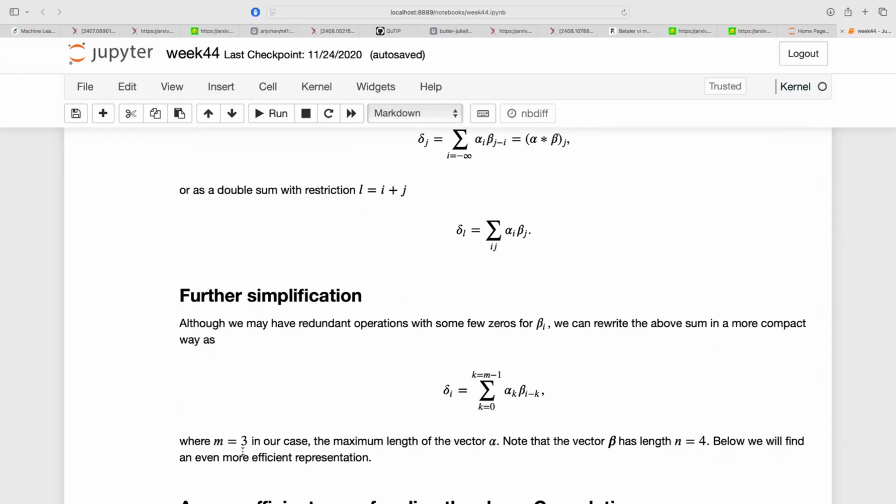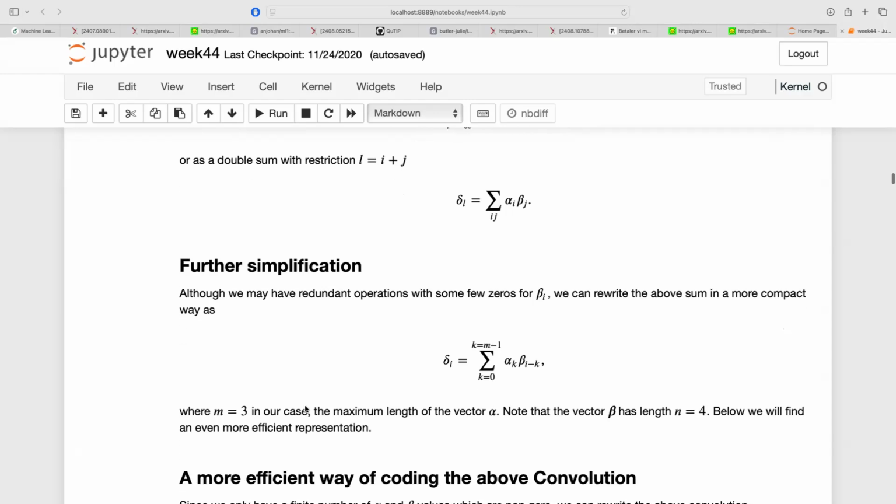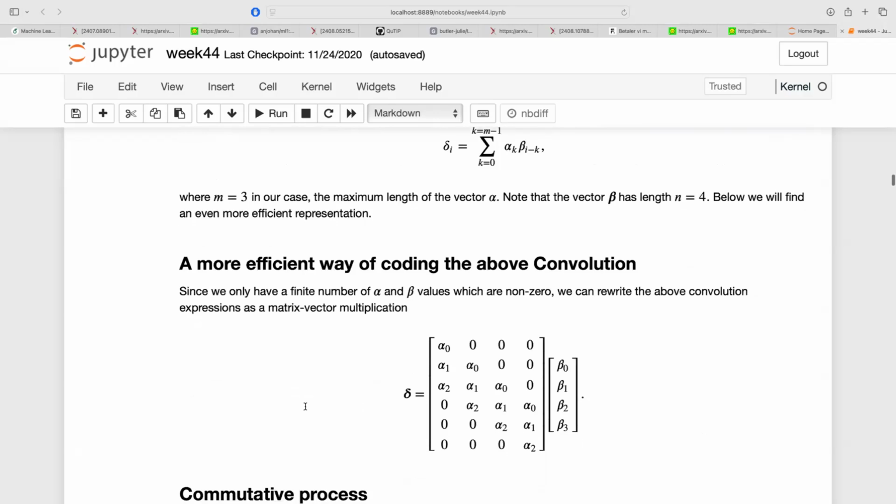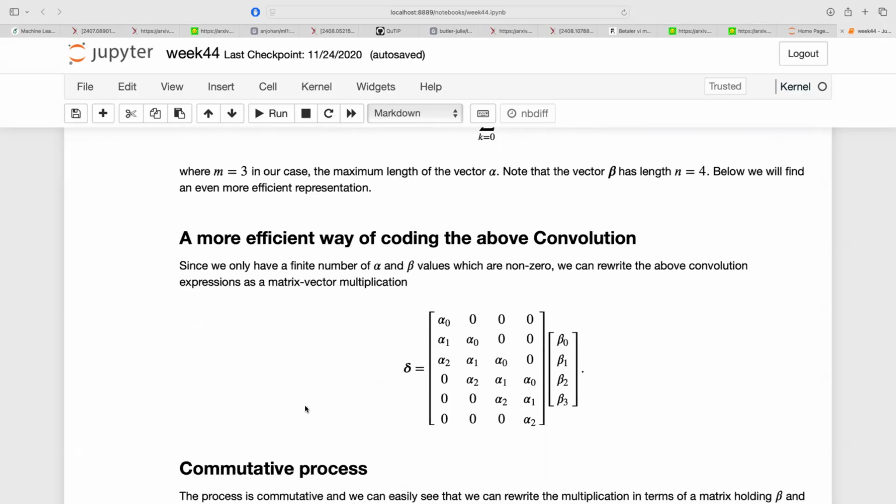And m is 3 in our case, the maximum, which is the maximum length of the vector alpha. And beta has length 4 because it's a third order polynomial. And one way to do this is actually to write it in this way. So we can write it as a matrix times a vector beta. That's another way of setting up this polynomial multiplication.